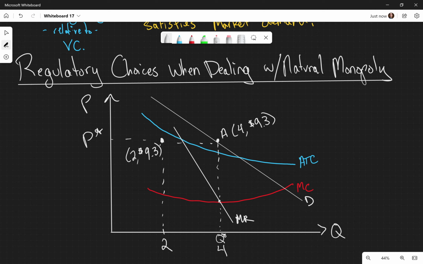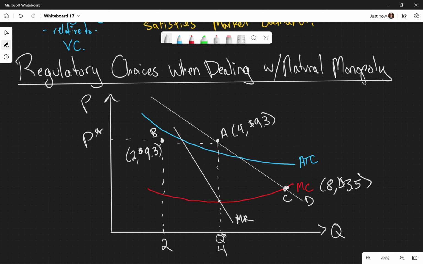Now, what if the regulators required that the firm produce where the marginal cost equals the demand curve? So this is point B. What if they were to produce at point C? At point C, they would be producing 8 units, and they would be charging $3.5. And we see that that $3.5 is less than our average total cost, which is around $6.